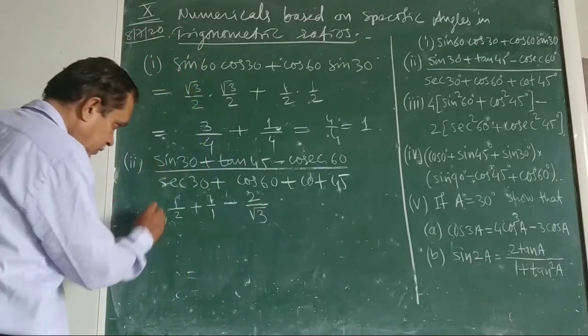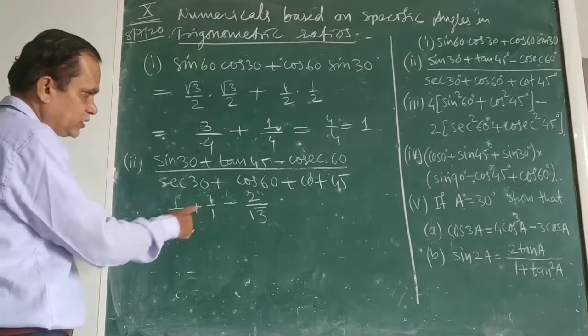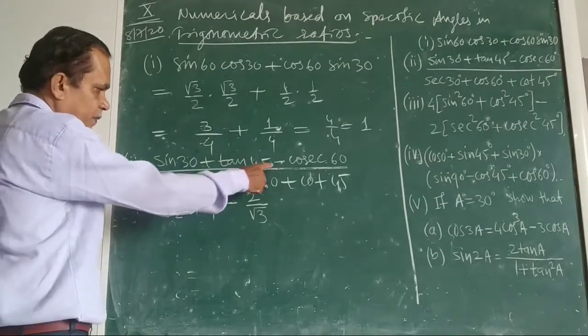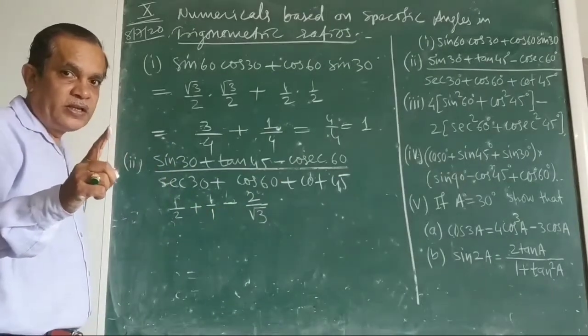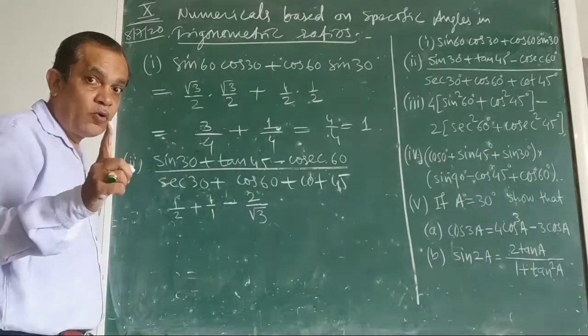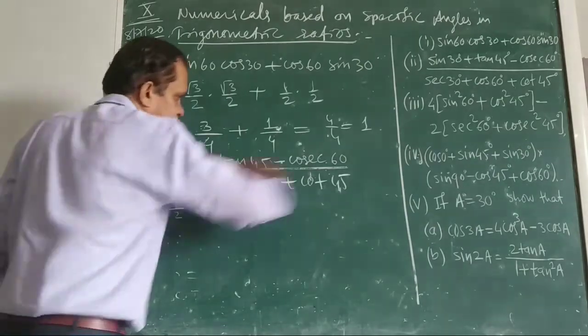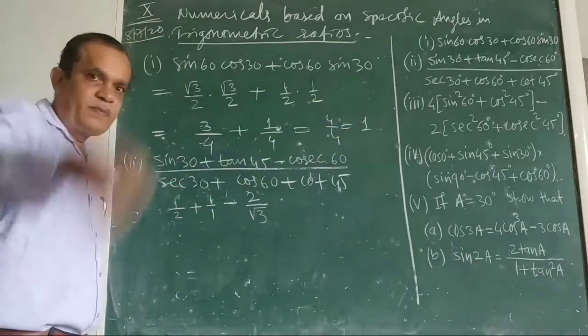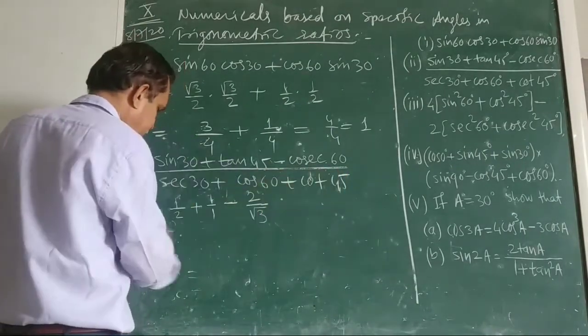Now look here. I have put these values first, plus this value, minus this value. Look at the board, what I did. Students draw this line first. I did not draw this line.